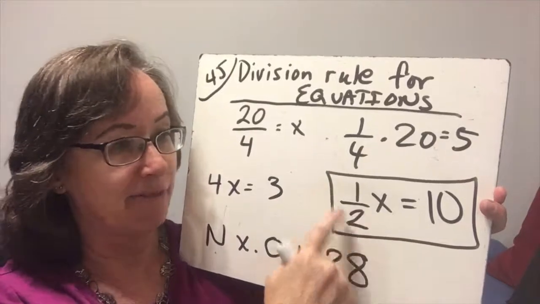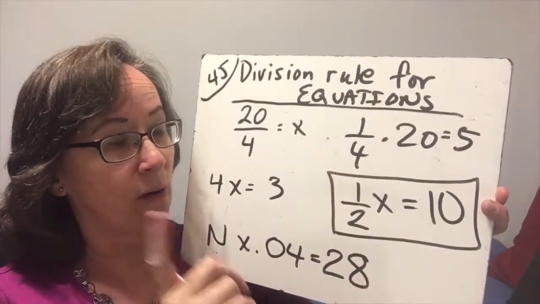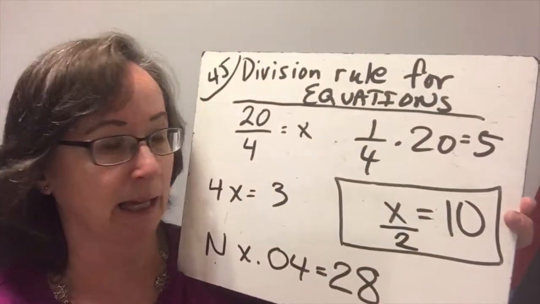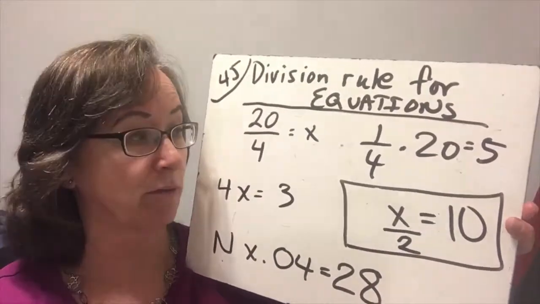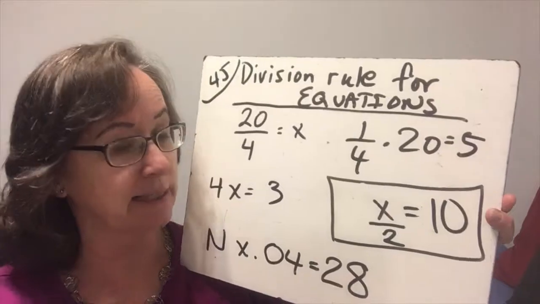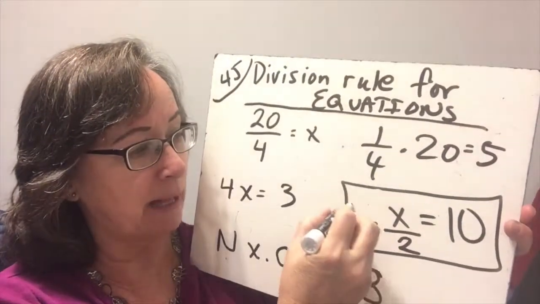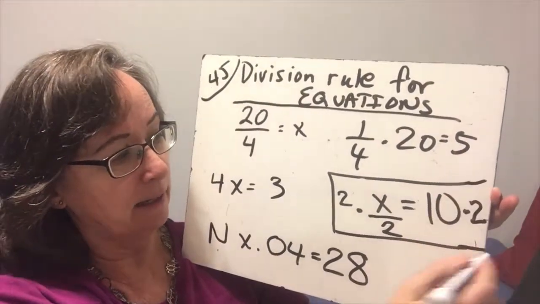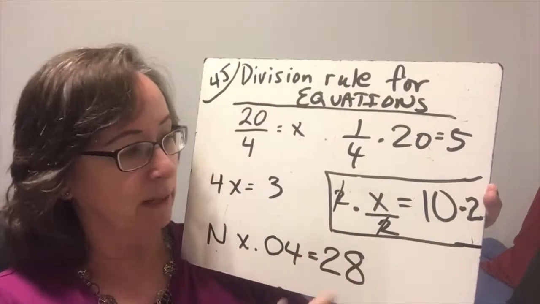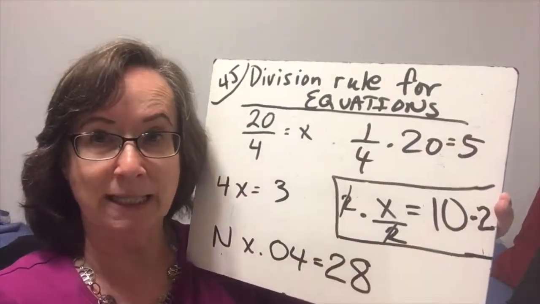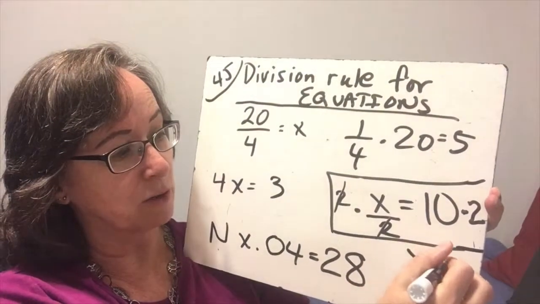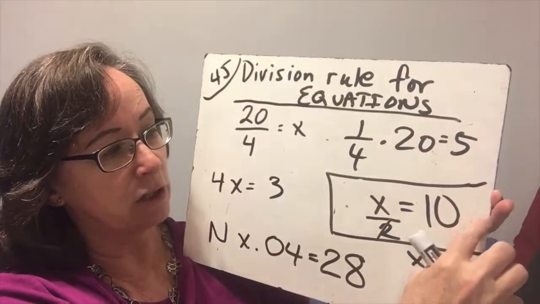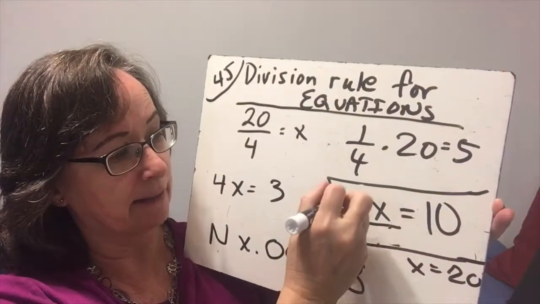When we have a fraction times x, or maybe we have x over 2, which means the same thing, and we're trying to get rid of the 2 so that we can keep the x and find out what it means, we can multiply both sides of the equation by 2, and then this 2 will now cancel that 2, leaving me with an x equals 20.